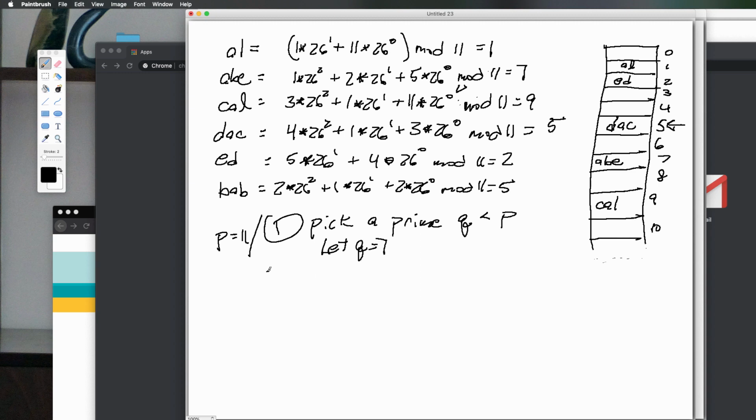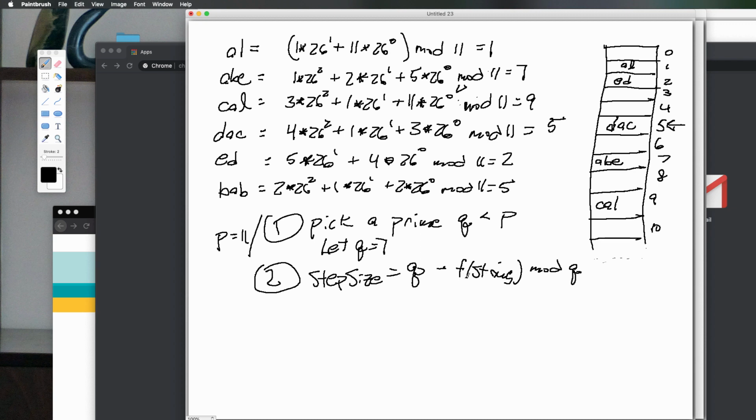Okay, and then what you do over here is I am going to say let the step size equal Q minus, and what I'm going to do over here is calculate f of the string mod Q. Now let's think about what this means over here.